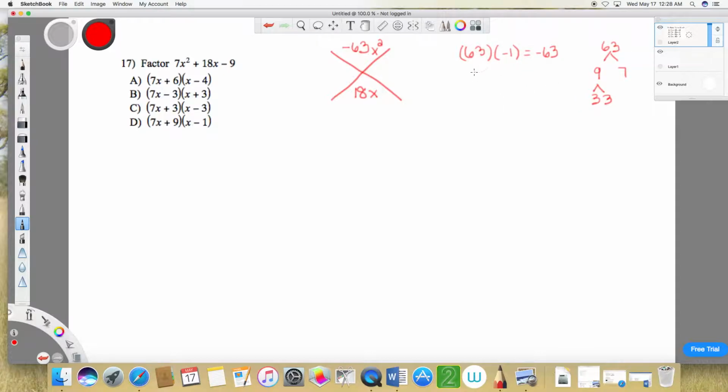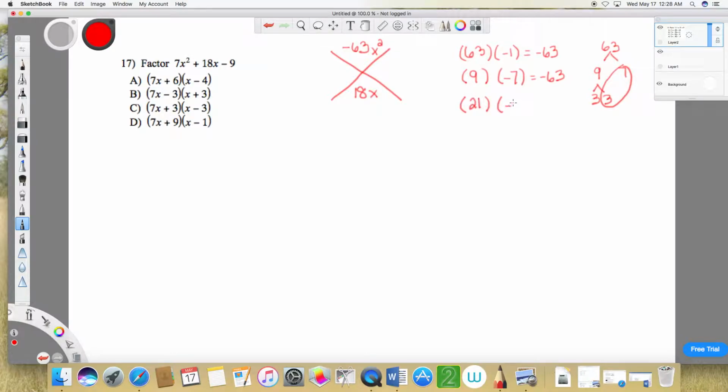So I can see that 9 times negative 7 will work. If I group the 7 times 3, that's 21.